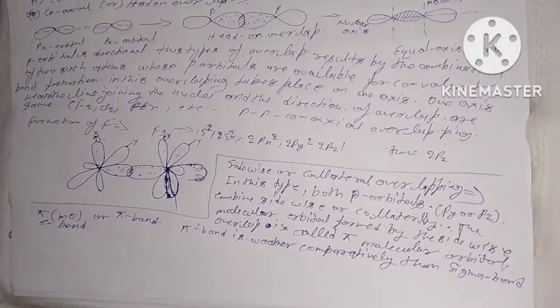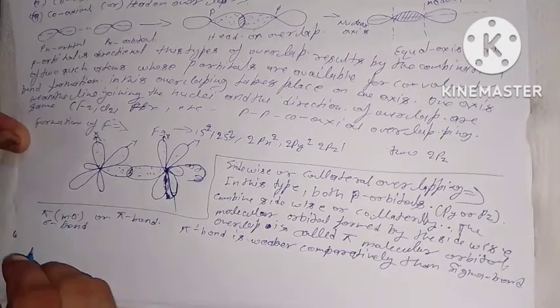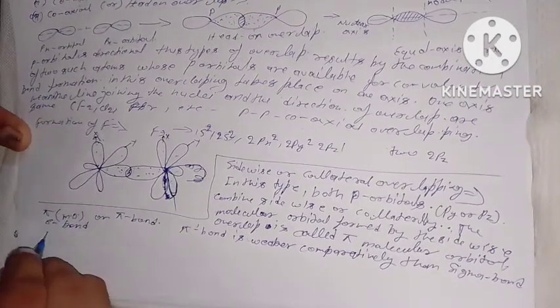The overlapping in a pi bond takes place at 45 degrees to the molecular axis.